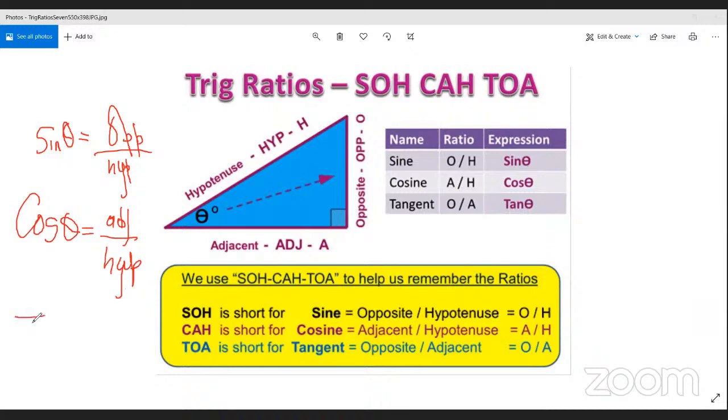And then you have tan theta equals opposite over adjacent. So there we have it.